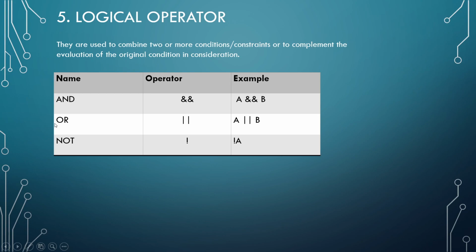We have OR, which uses two pipes as the operator symbol, and we use this as an example. This is the NOT operator, and this is the symbol, and this is how we use it in our code.